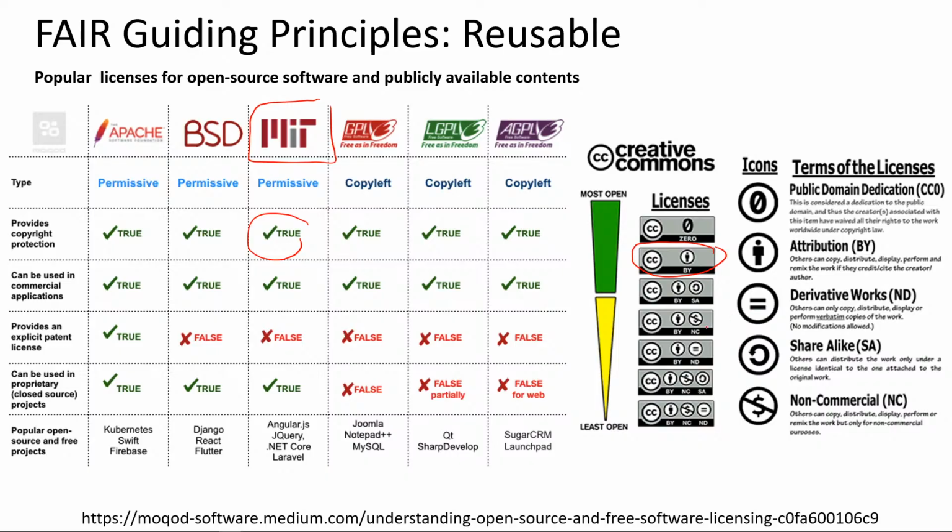It doesn't provide an explicit patent license, no. It can be used in a proprietary closed source project, yes, you can. So basically that would be something similar to CC BY. That's the MIT license. Again, I'm not a lawyer and I don't know these details, but I know that if I want to share my data and give it an attribution license like CC BY on GitHub, I just select the MIT license.